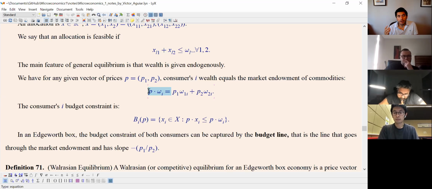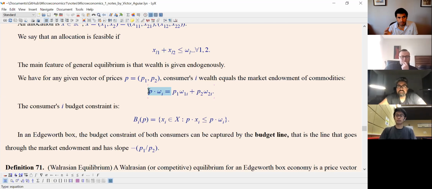So you normalize one of the prices to 1, and then I can define the relative price as the exchange rate of how many units of apples I'm willing to exchange for units of oranges.